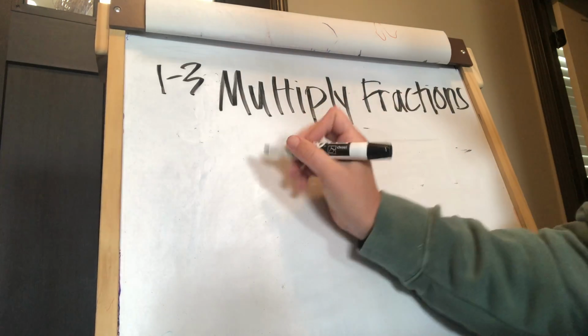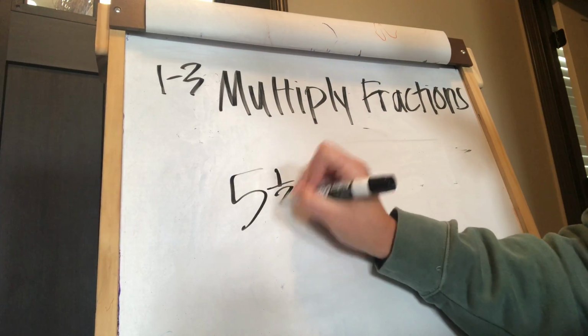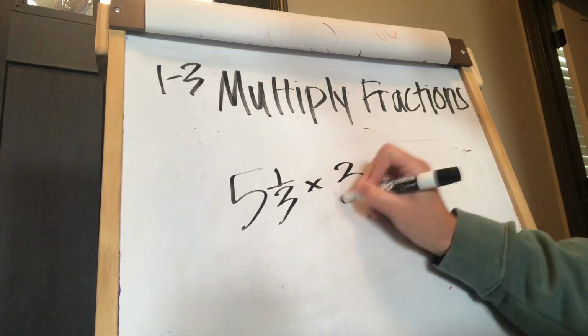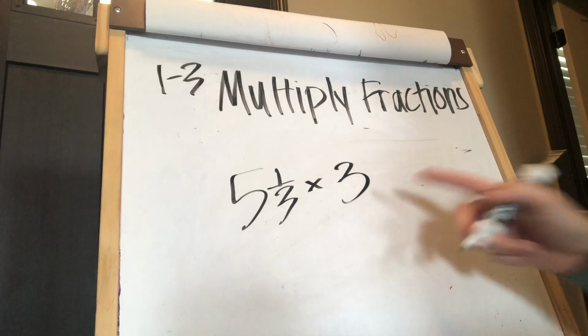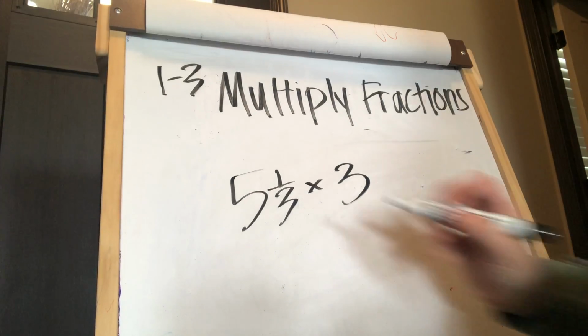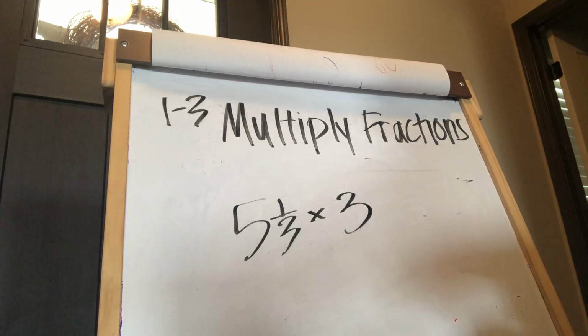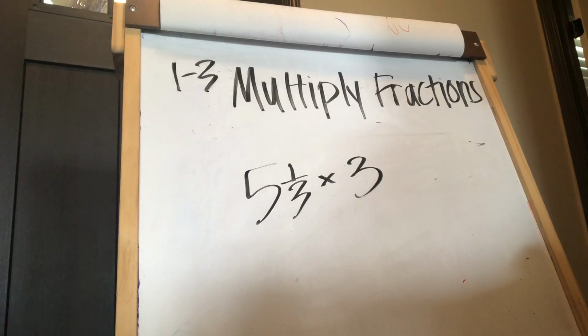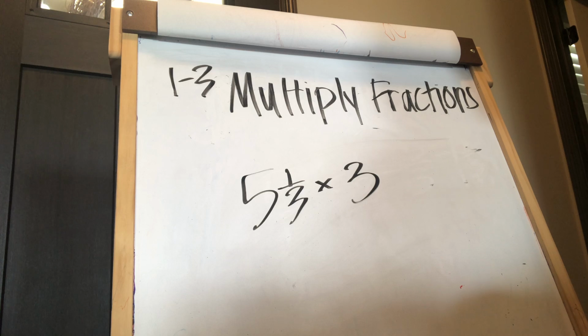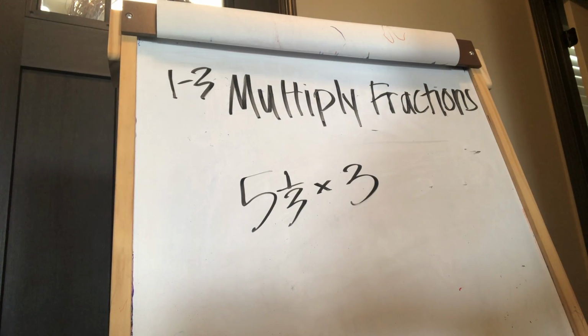Let's take a look at this one. Let's look at 5 and 1/3 times 3. So now we have a whole number, but in this one, you guys, we also have a mixed number. When we're taking a look at our mixed numbers, what we need to do is turn those to improper fractions first.